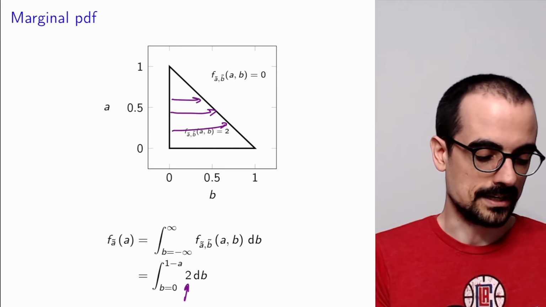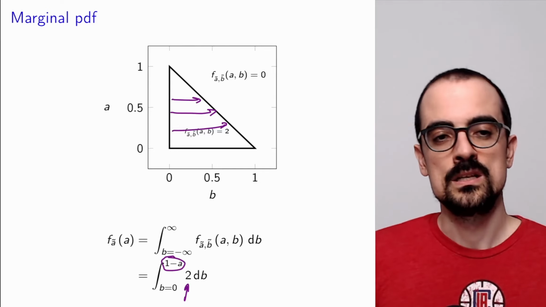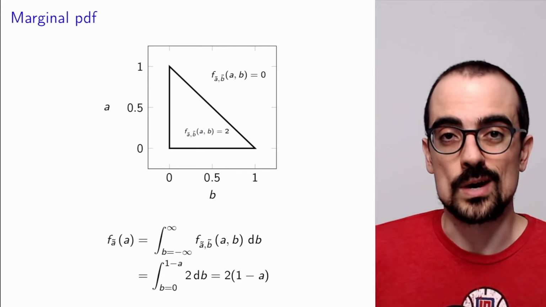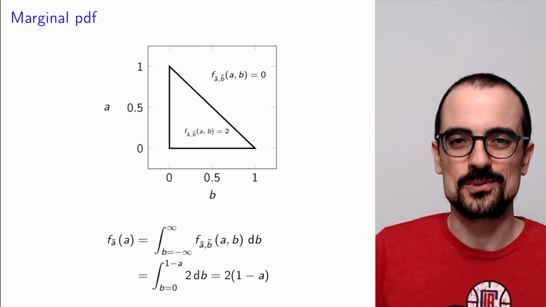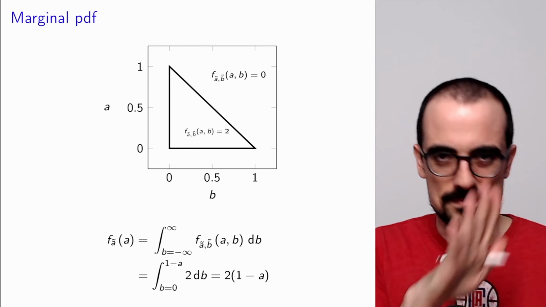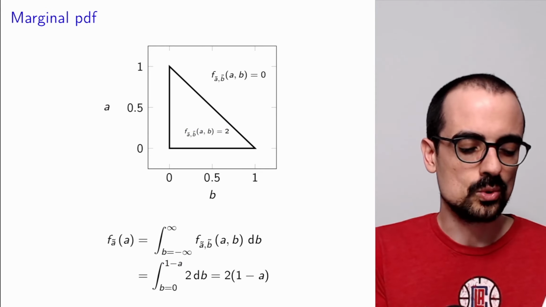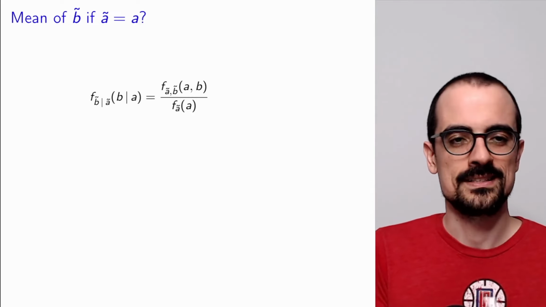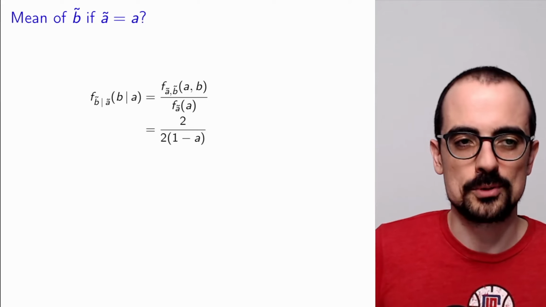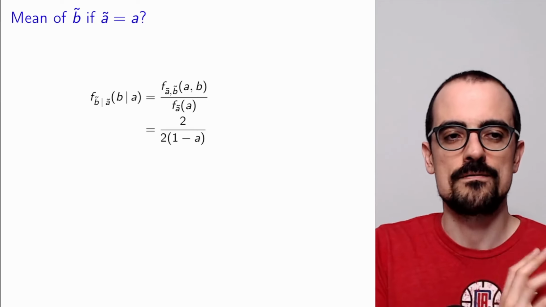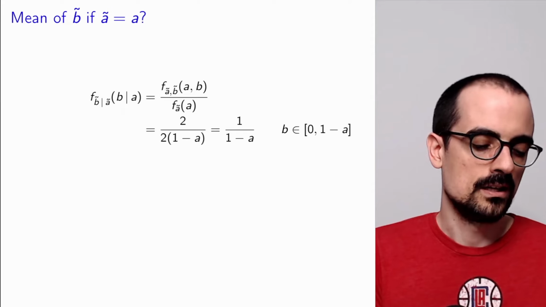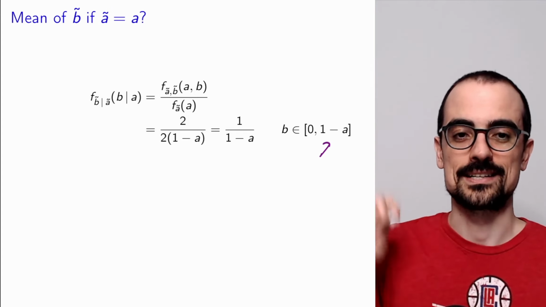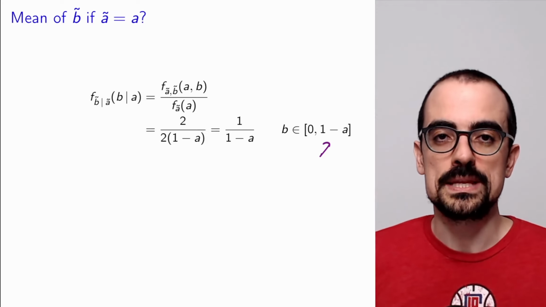This is why this line is 1 minus A. If we do that, we get that the marginal is equal to 2 times 1 minus A. I know that I'm going a little bit quickly, but this is not the point, right? So we compute the marginal, which happens to be equal to 2 times 1 minus A, and then we use it to normalize and get the conditional PDF. Again, feel free to review this on your own, but the point is that we're going to use the conditional PDF of B given A, which happens to be constant between 0 and 1 minus A. So it's like a little rectangle. Okay, so now we know the conditional PDF of B given A.